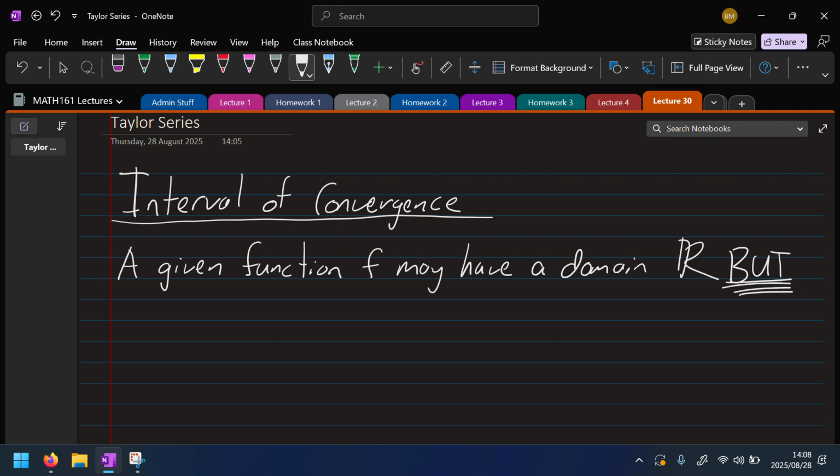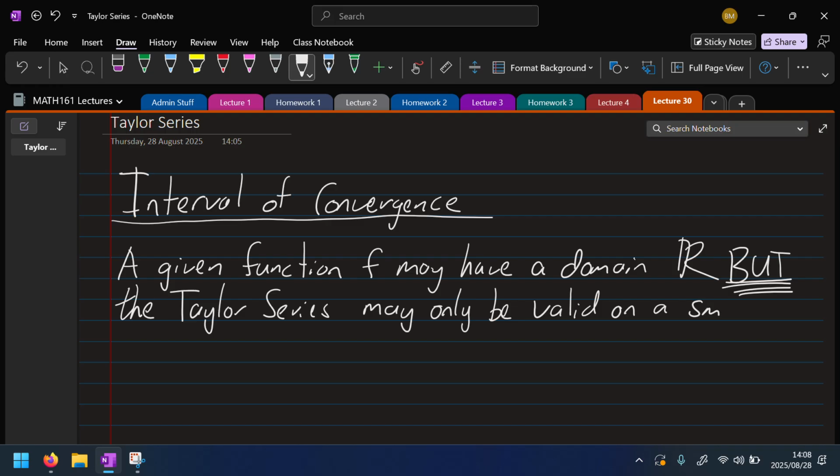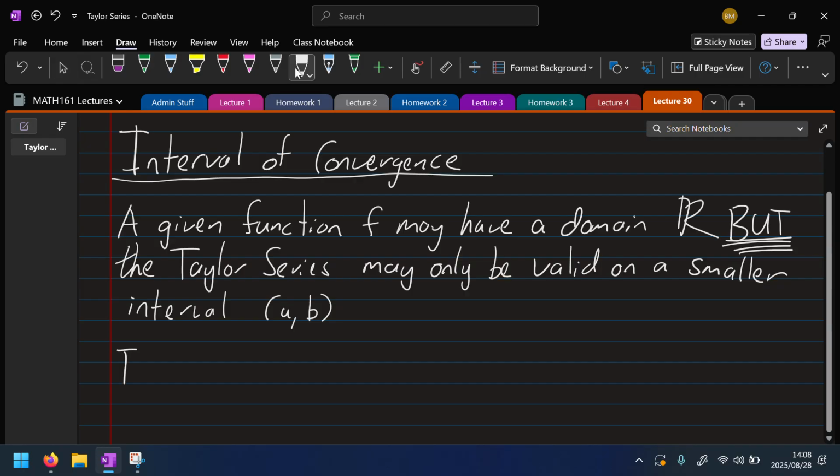But the Taylor series may only be valid on a smaller interval, let's say from a to b. Even though the function can be defined for all real numbers, the Taylor series, being a series, may only converge on a smaller interval. This is called the interval of convergence.